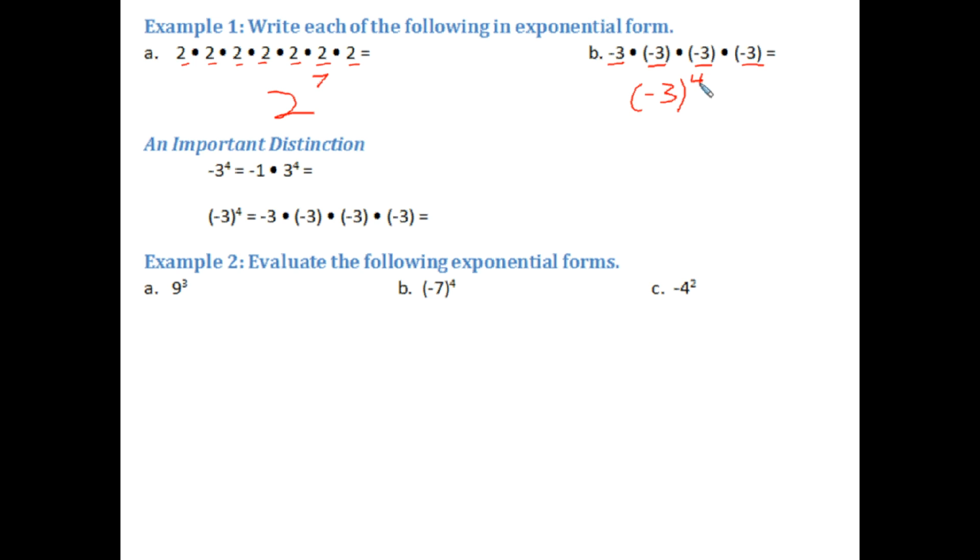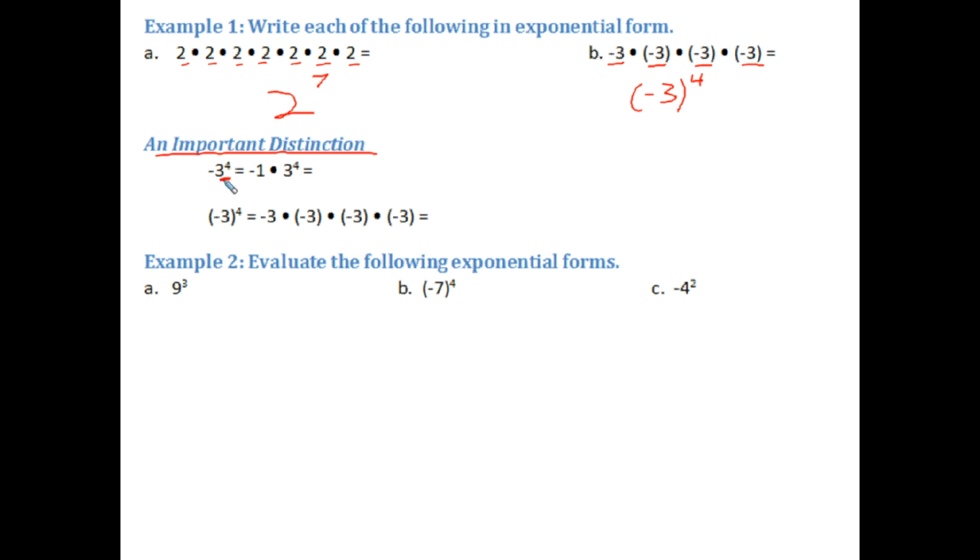So if you look down here, we just want to make a distinction between these two things. The way that these are written will give you two different answers. We read them really the same. Negative 3 to the fourth, well, which we'll talk about later, you want to work with exponents first.